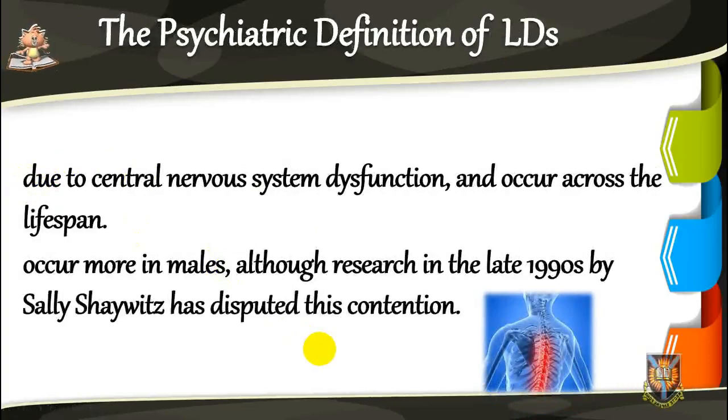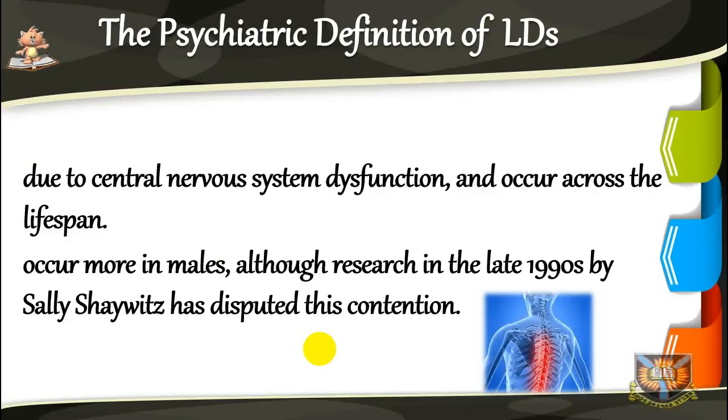In the former, measurement of intelligence and levels of achievement is employed. In the latter, administration of IQ and achievement tests is extended to include evaluation of attention, memory, and neuropsychological function. Moreover, the age of identification varies, depending on the type of LD.